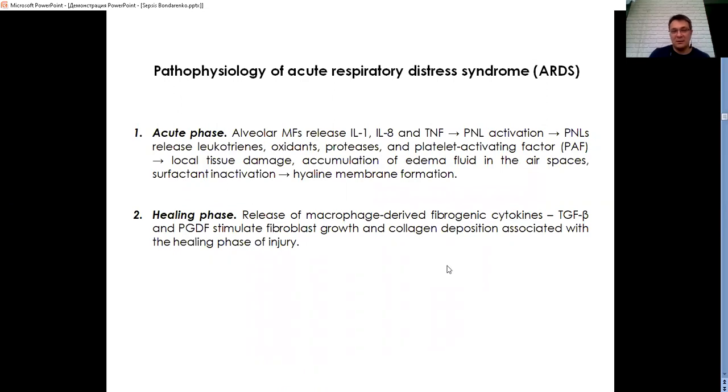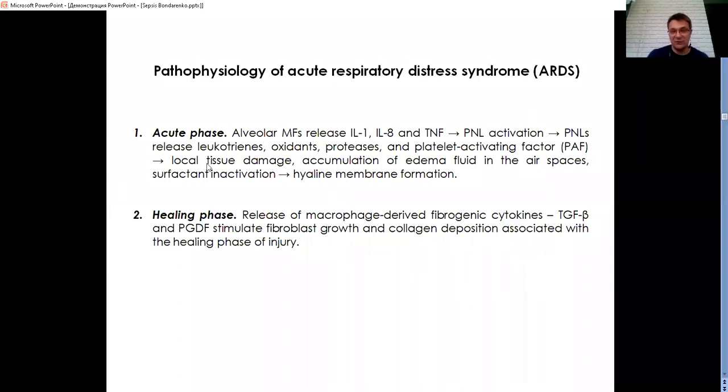Basically, the respiratory distress syndrome consists of two major phases. That's the acute phase. Then we see the alveolar macrophages release interleukin-1, 8, and tumor necrosis factor. That leads to consequent polymorphonuclear leukocyte or neutrophil activation.